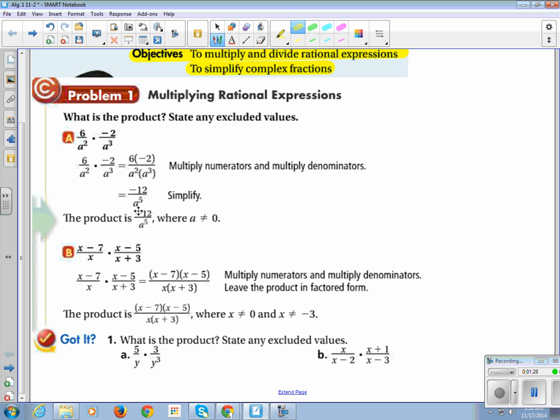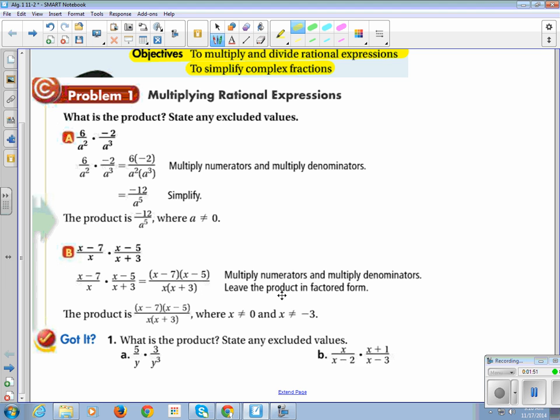And because a is in the denominator, we have to say a is not equal to 0 because we can't have a denominator equal to 0. In a more complex problem, if I have x minus 7 over x times x minus 5 over x plus 3, the tops get multiplied together and the bottoms get multiplied together.